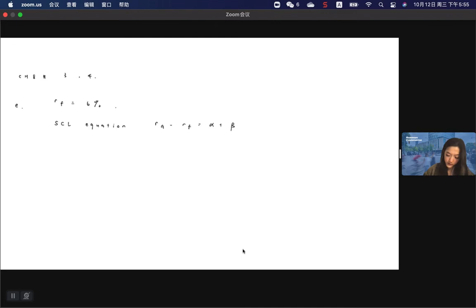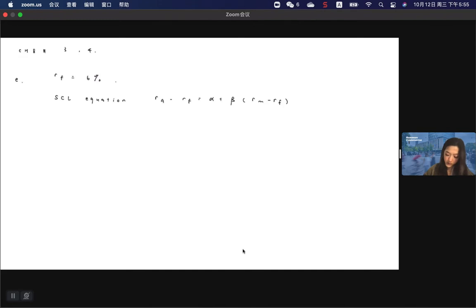this is the definition of the security characteristic line. So if we isolate RA, alpha plus beta times RM, and the intercept will equal alpha plus RF times (1 minus beta), which equals 1 plus RF times (1 minus 1.2).